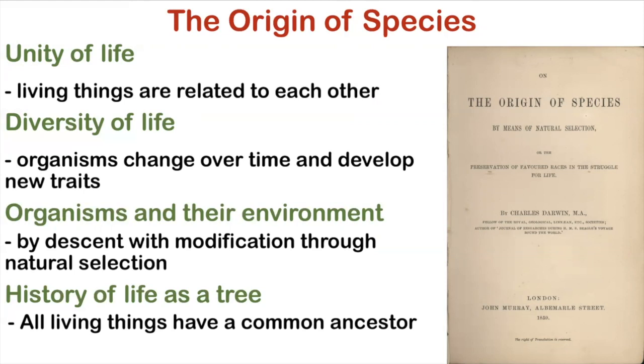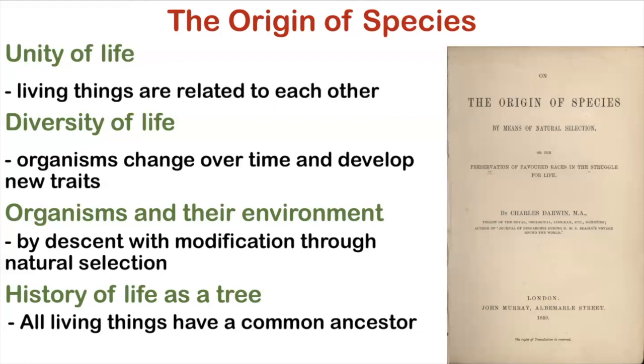Secondly, Darwin observed the diversity of life and believed that this was caused by descent with modification. This means that organisms change over time and develop new traits that help them survive in their environment. The third observation that Darwin made was the match between organisms and their environment. He believed that this match was created by descent with modification through natural selection.